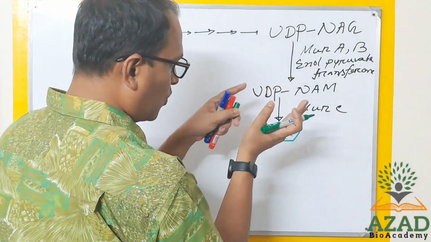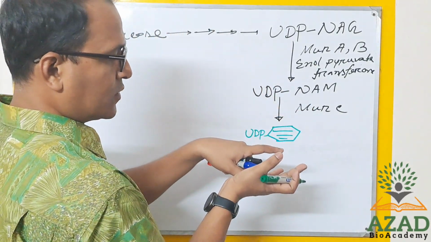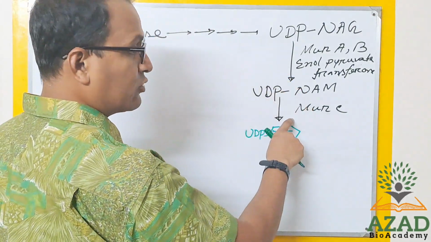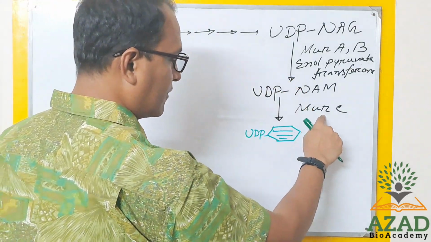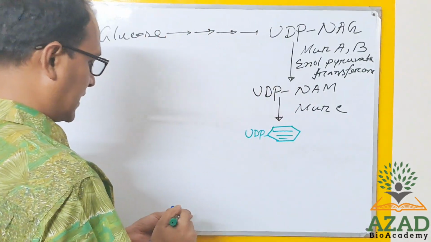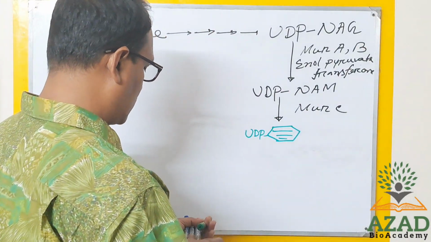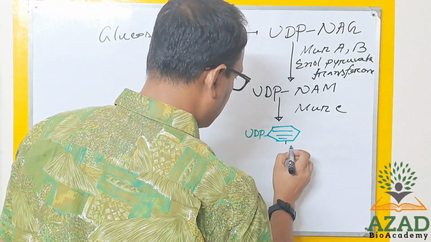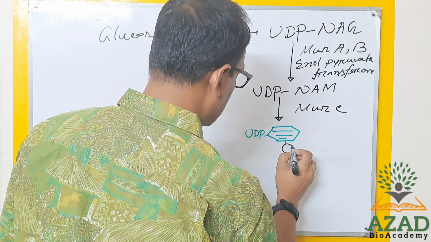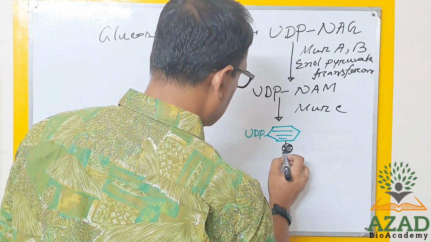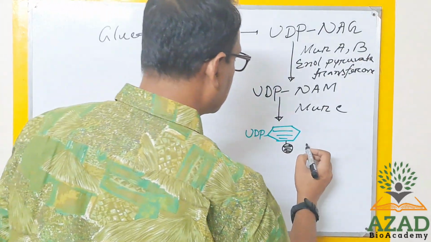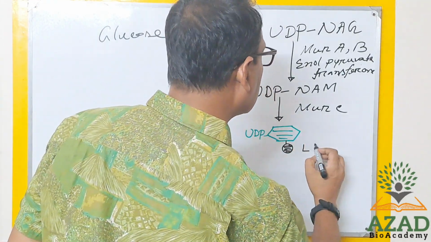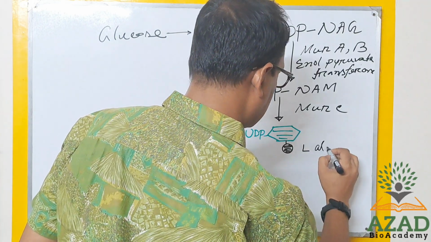And one amino acid will attach to the N-acetylmuramic acid with the help of the MurC enzyme. Then I will draw one amino acid. This amino acid name is L-alanine.